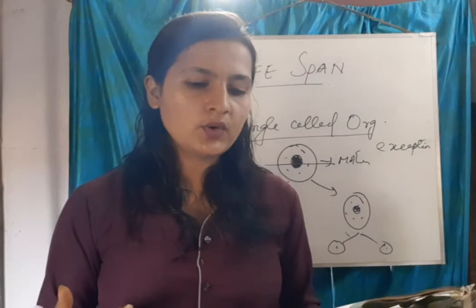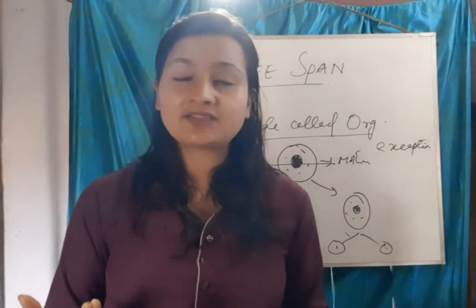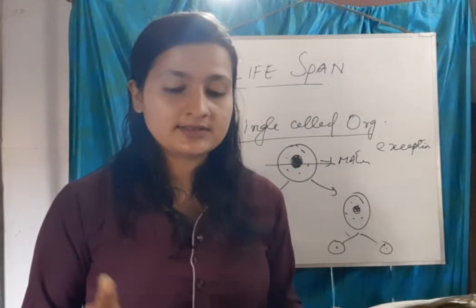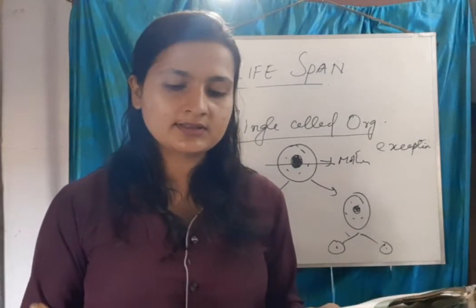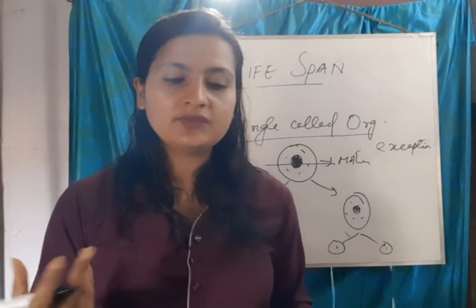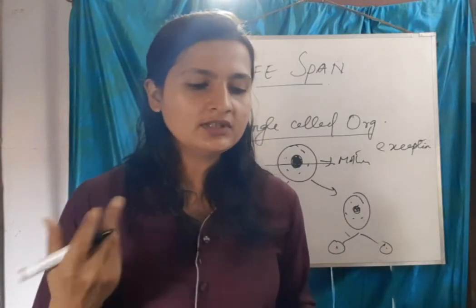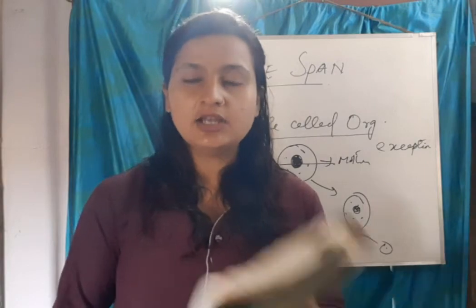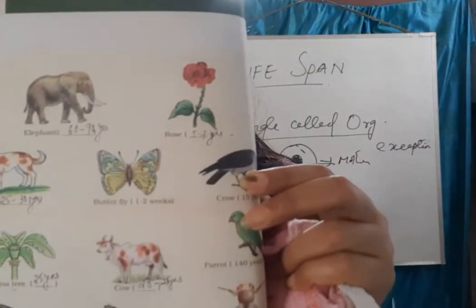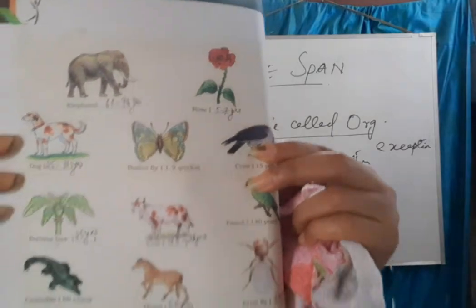Most questions are asked about the lifespan of tortoise, parrot, Drosophila melanogaster, the fruit fly, crocodile, elephant, even sometimes rose. So this is important, just write it down. All right, I hope you all can see this.